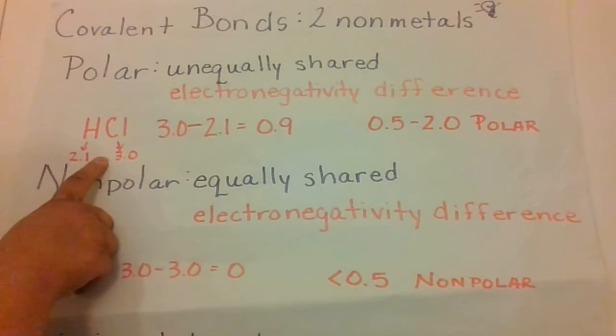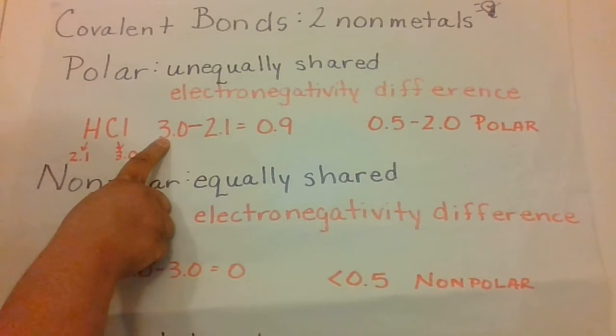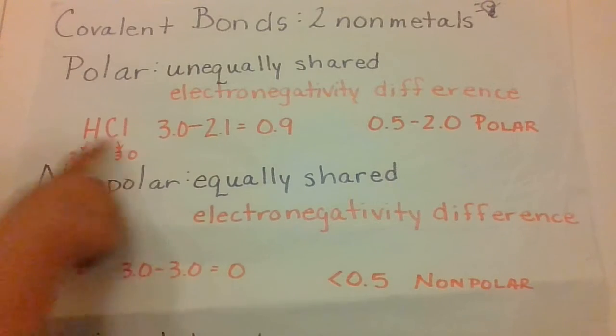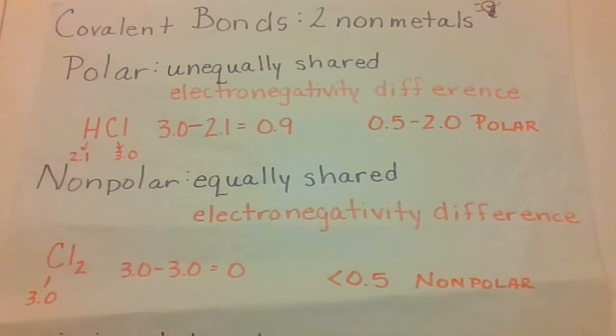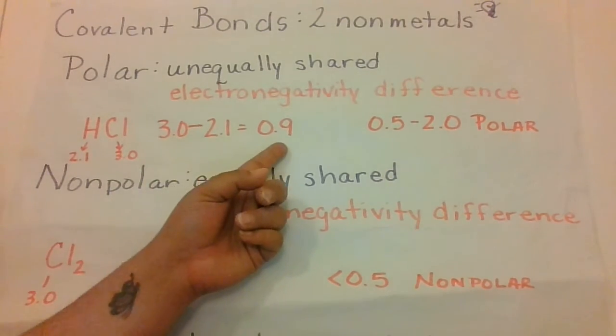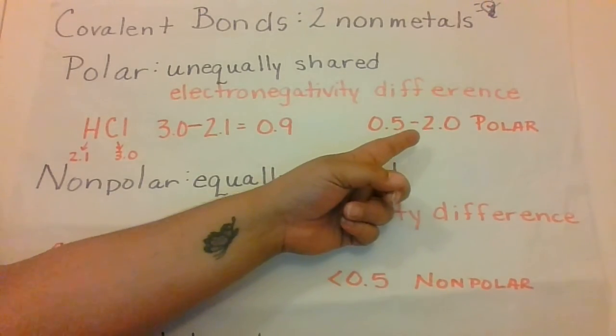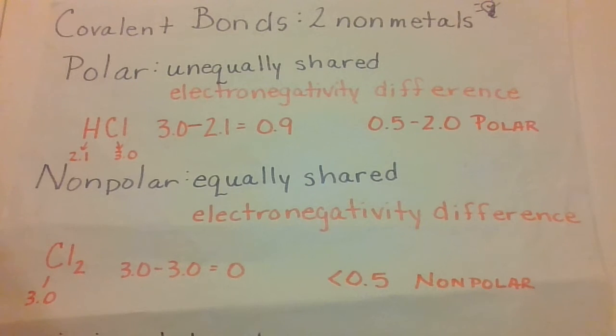So chlorine has an electronegativity of 3.0 and hydrogen has an electronegativity of 2.1. So we subtract those to get the difference, and that comes to 0.9, which falls right in that polar covalent bond range.